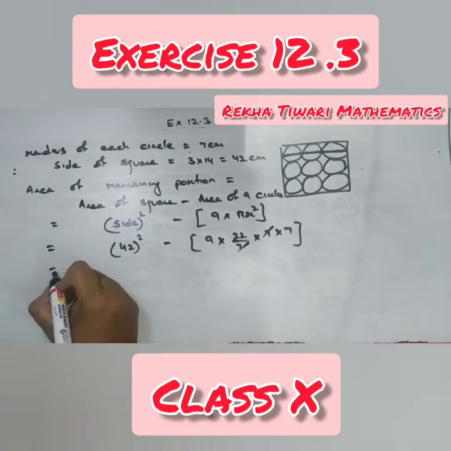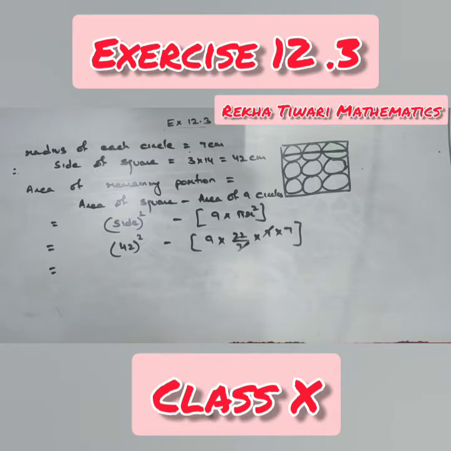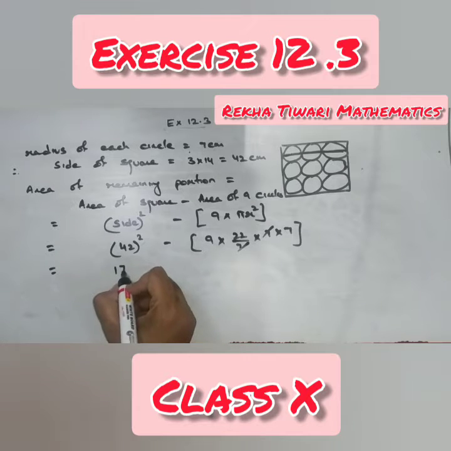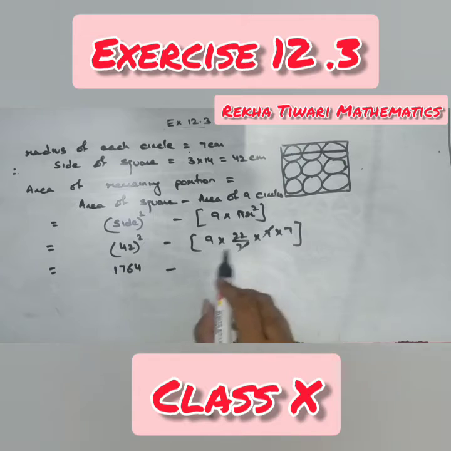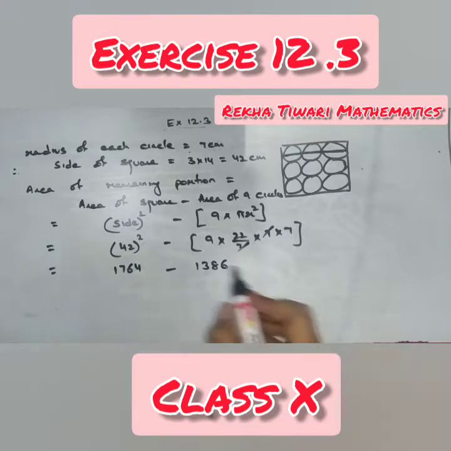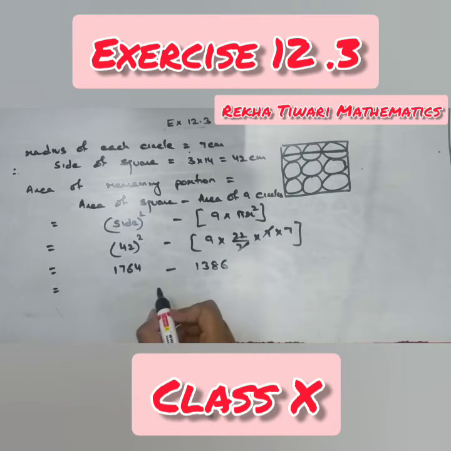Cancel these 7s. The square of 42 comes out to be 1764 minus, and if you multiply these you will get 1386. Subtract these two to get the result. It comes out to be 378 centimeters square.